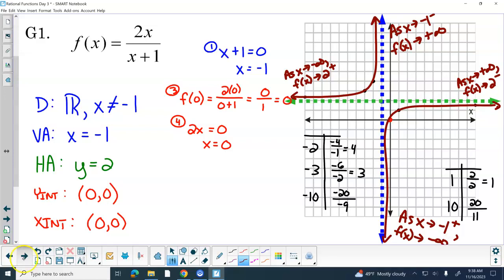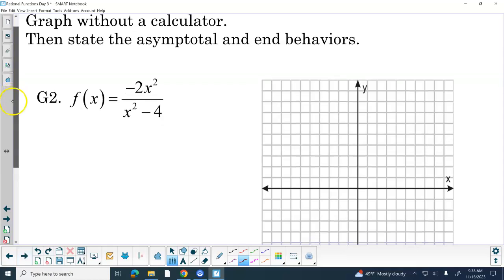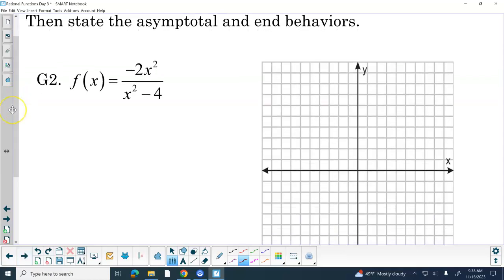Let's try one more. I think there's one more. Yes, there is one more. Graph it, find me asymptotes and behavior. Go for it.